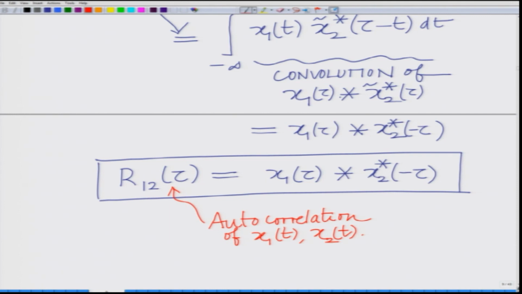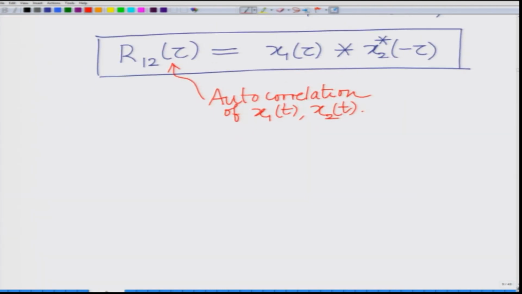Now let us look at this in the frequency domain. Naturally, this is convolution in the tau domain; of course, now this is not even time, this is tau, the lag or shift.